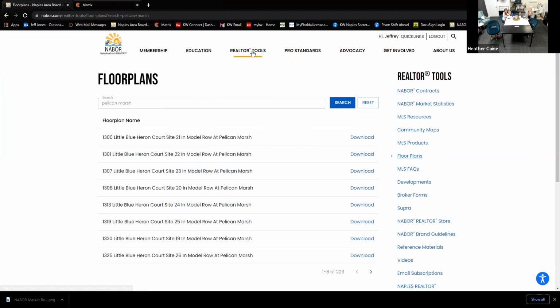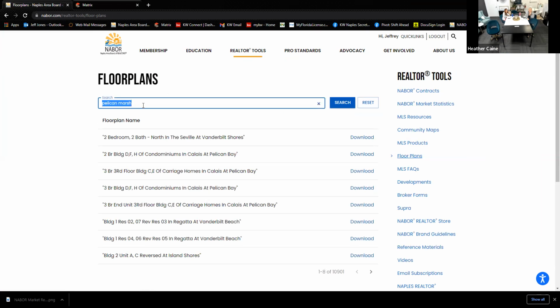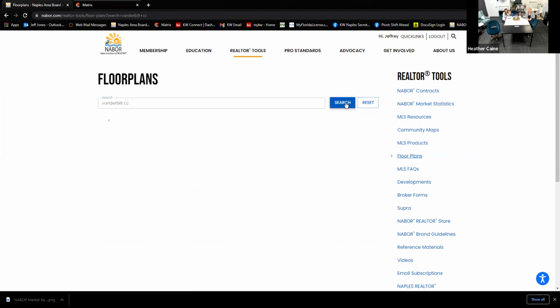That came up when I was with the infamous Max, because they wanted to know if they could take down a wall inside the unit. And I had said that we'd have to get back to the county for the floor plans, because you can't really go by the floor plan that the listing agent gives you. But this is good to know because Vanderbilt Country Club's got to have them on here.